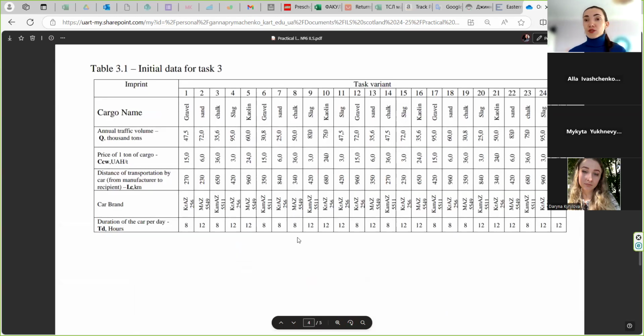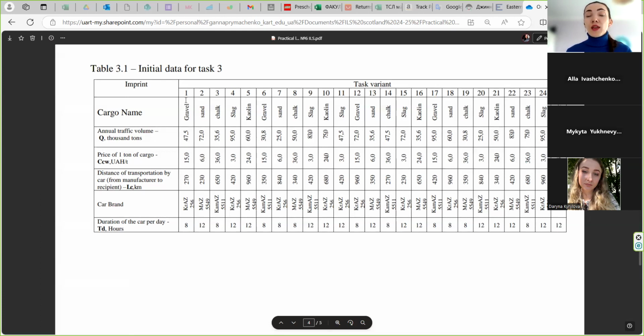2.3.1. We use the same table, but I removed some information and added some information for this table for our task number 3.2. So, in the second line from the end, you can find such information as the car brand.